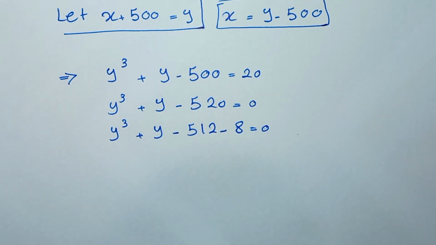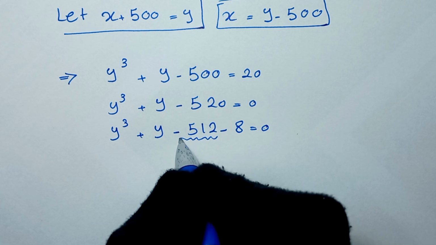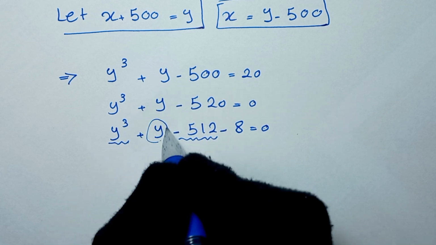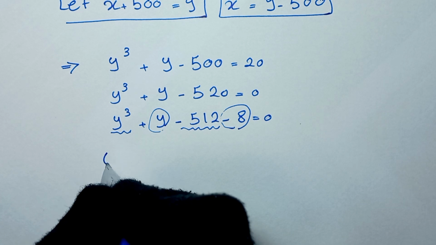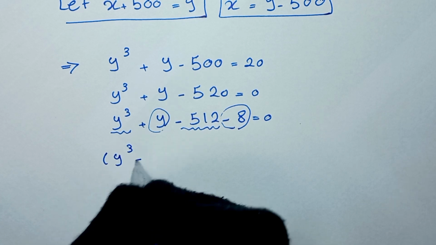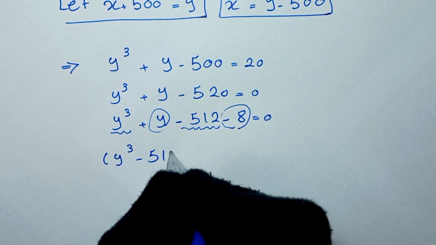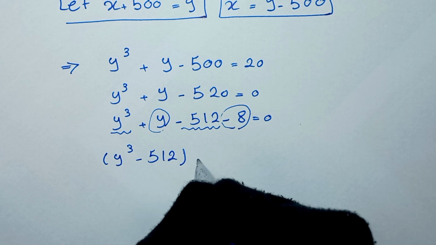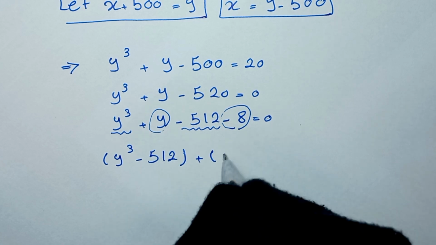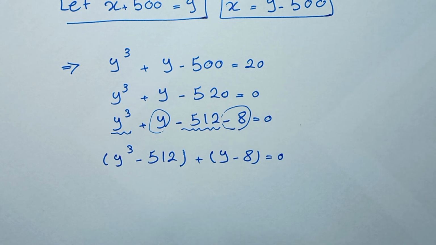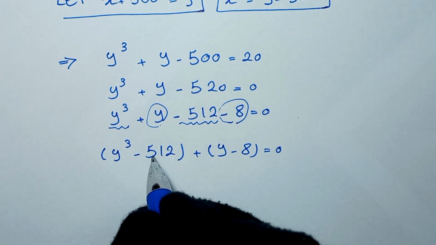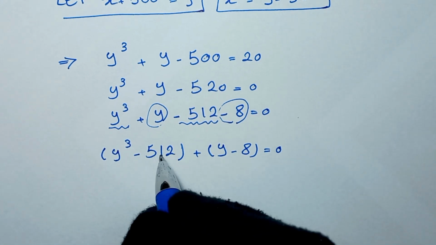And in the next step, we take this and this together, and this and this together, so it will be y cubed minus 512 and plus y minus 8 is equal to 0. In here, 512 is 8 to the power of 3, right?